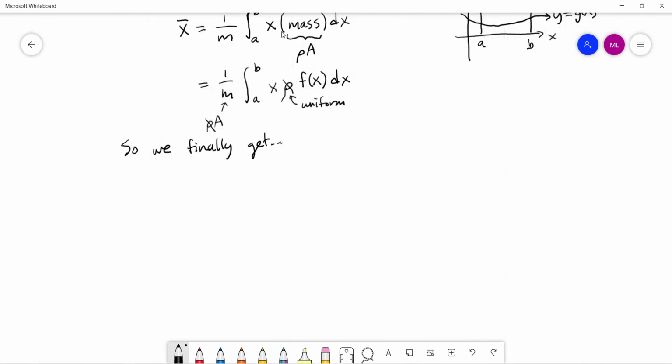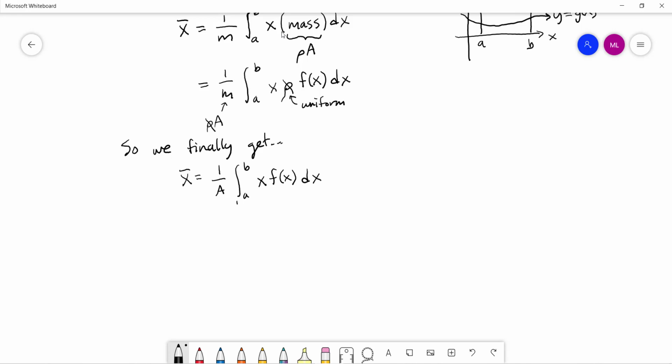And we wind up with x bar is equal to 1 over the area times the integral from a to b of simply x f of x dx. That is how we find the center of mass in the x direction in this case.